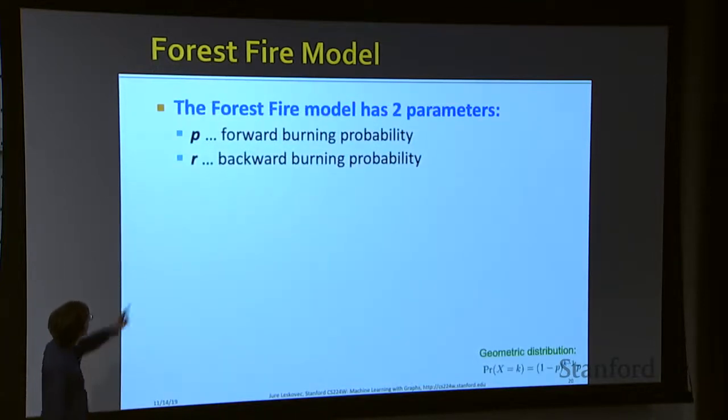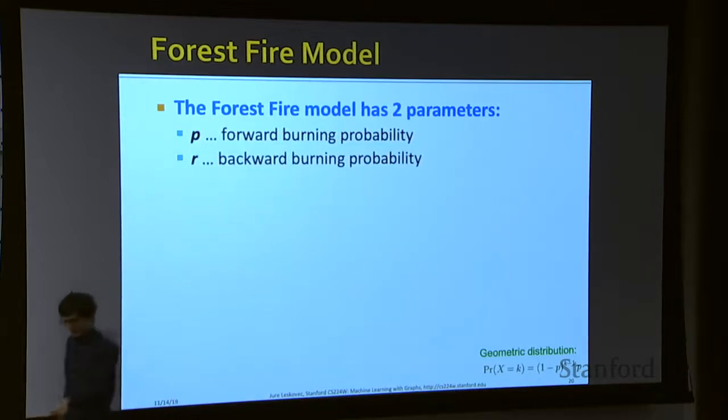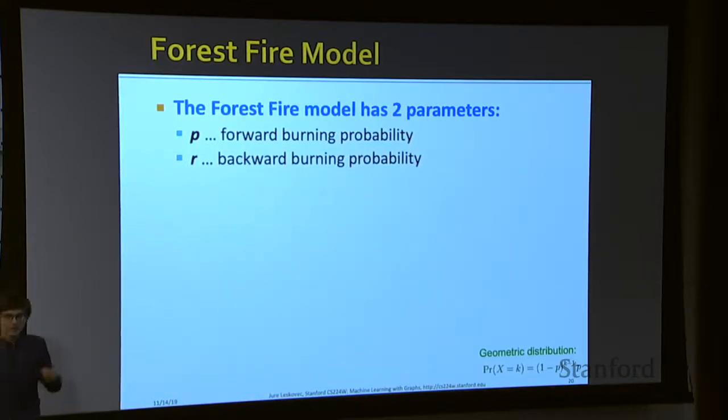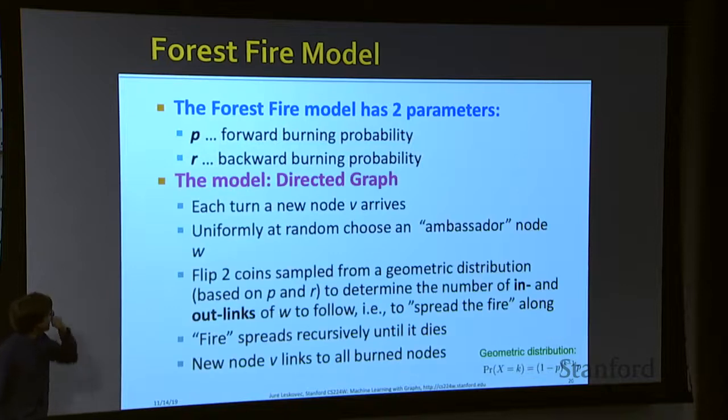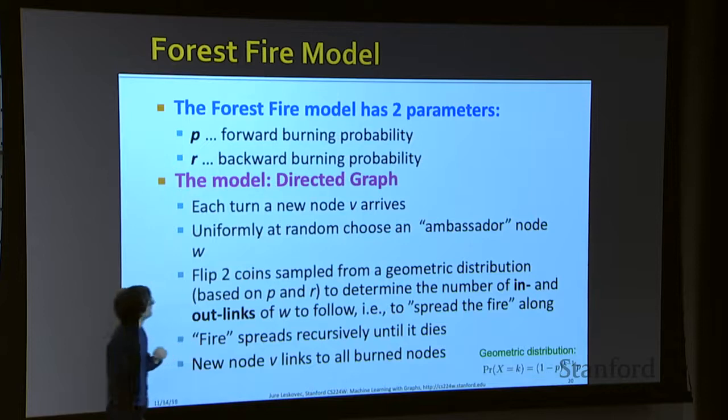You have two parameters. You have what we call the forward burning probability and backward burning probability, because you can follow the references forward, or you can follow the references backward. This would be for directed networks, where the model operates as follows. At each turn, a new node arrives.